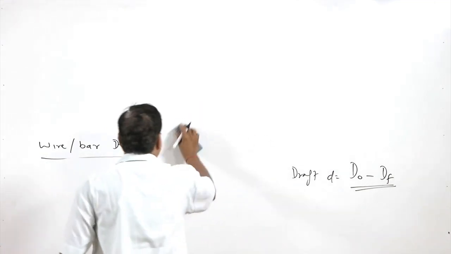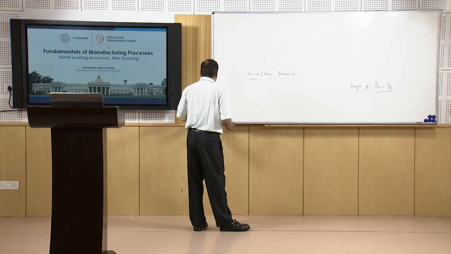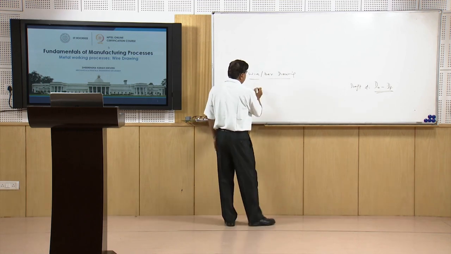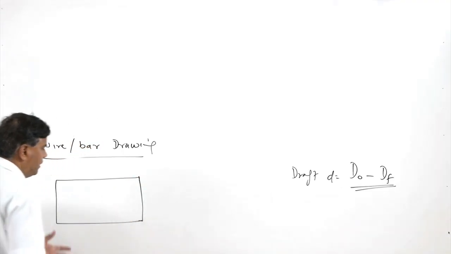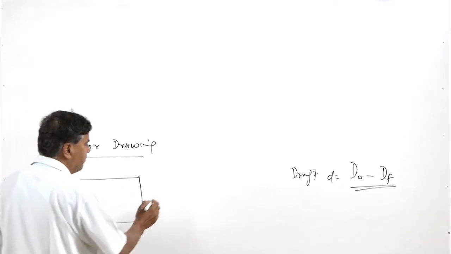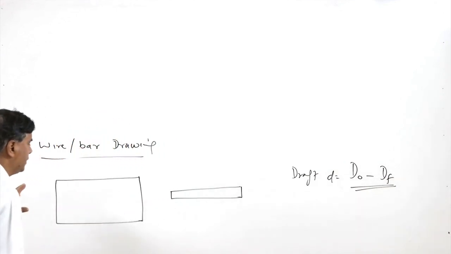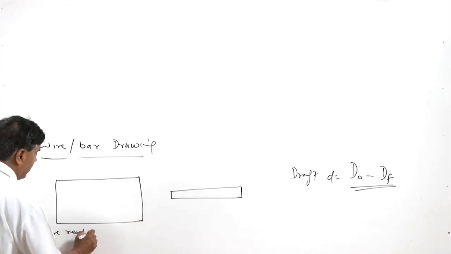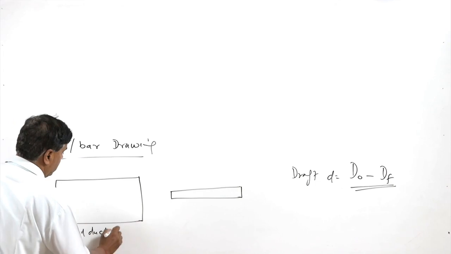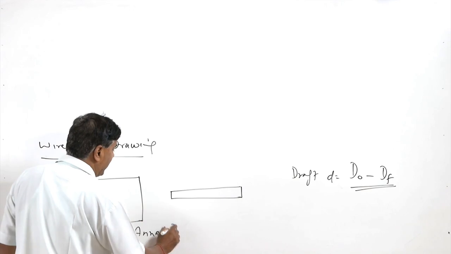So now we will see the steps which are used for the drawing purpose. Say if this is the bar which is to be drawn in the form of fine wires like this, the first step is to ensure the required ductility. For this purpose it may be required that the metal is annealed properly.